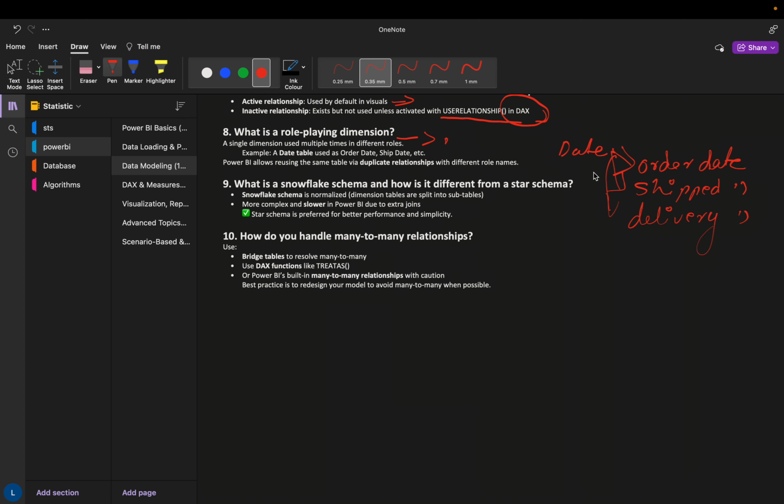This single date column is used multiple times for different purposes, whether about delivery, shipment, or order.